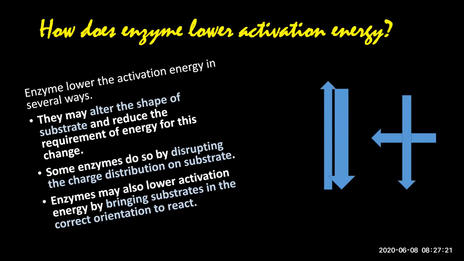But if the enzyme behaves smartly and changes the angle of these two things and brings it into a 90-degree angle, the enzyme is changing the orientation of the substrates. Now they're attached only at one point. The two things are attached only at this point. Okay?